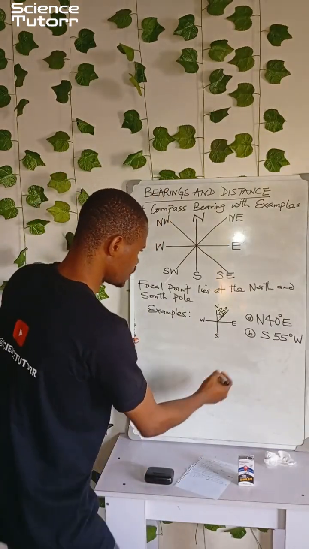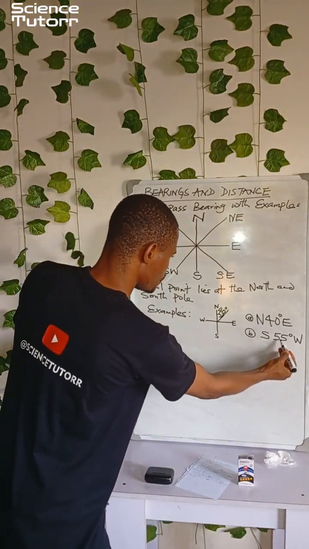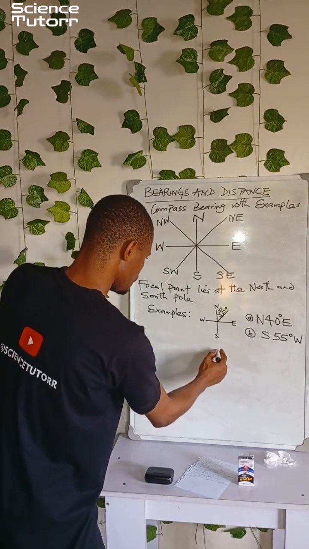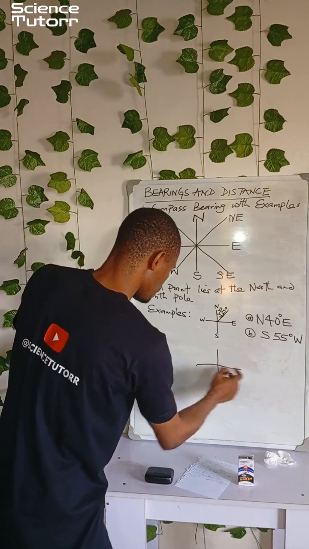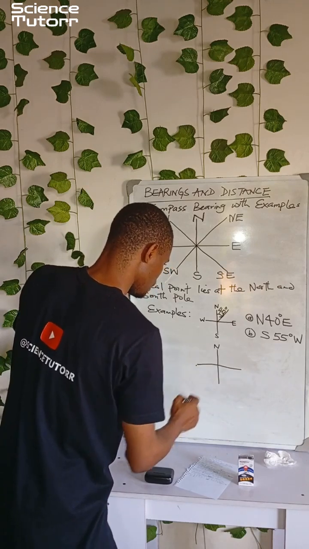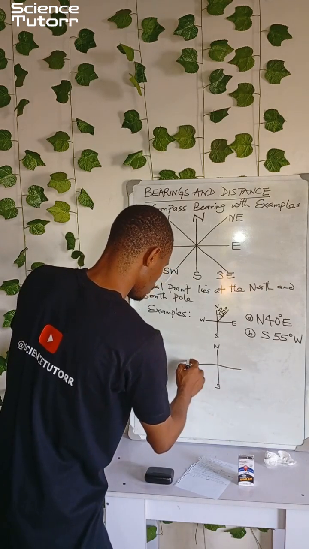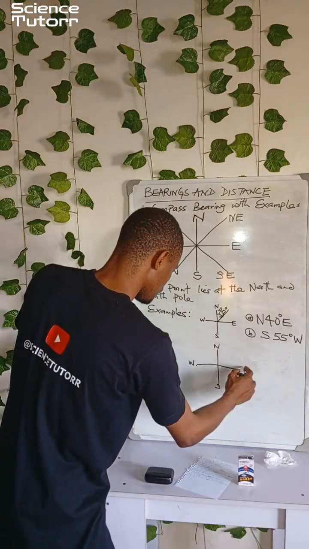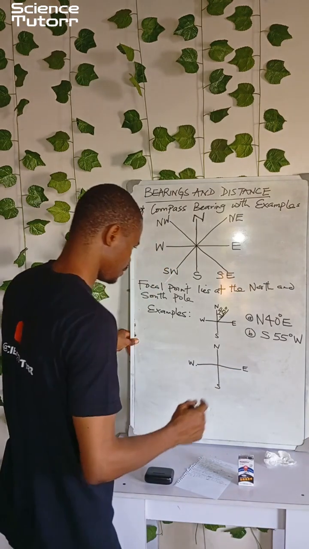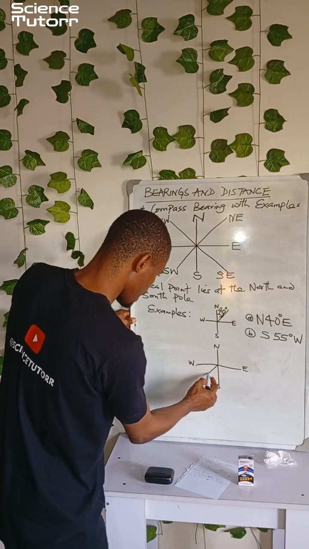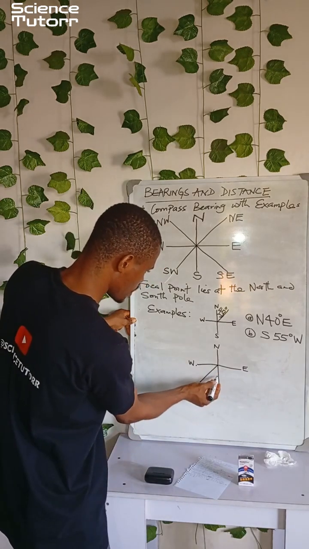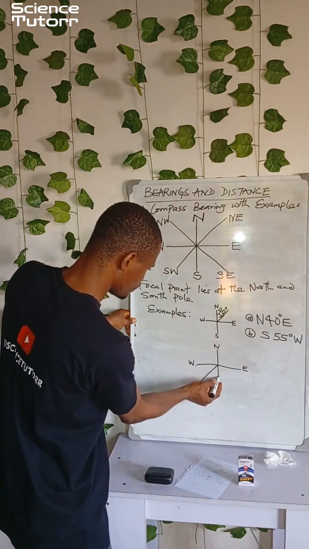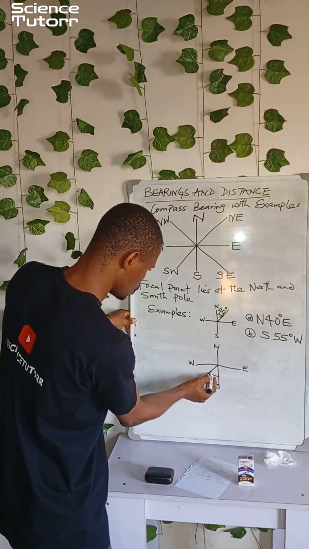The second case, we have south 55-degree west. So let's see how it goes. For south 55-degree west, this is north, south, west, and east. So we draw a line like this, and then the direction has to come from the south this way.